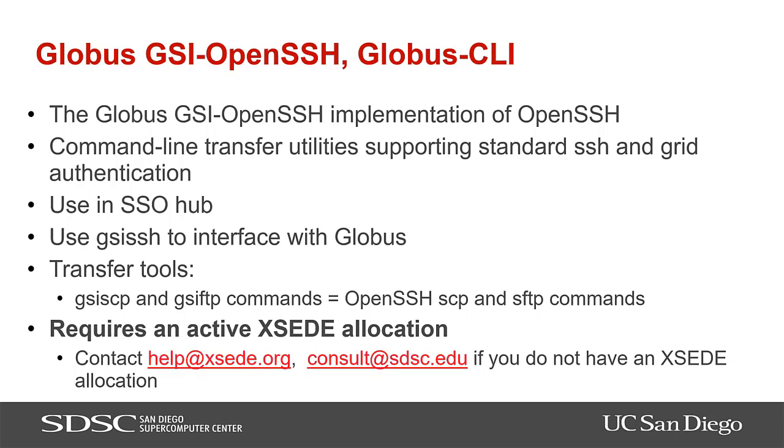In addition, if your account has expired, at this time, I believe if your allocation is over, Exceed cuts you off. I believe they were talking about changing that, so there was a little bit of leeway. But in case that's still the case, you should contact us either through the Exceed ticketing system or the SDSC local ticketing system, and we will help facilitate it so that you can move your data as needed.